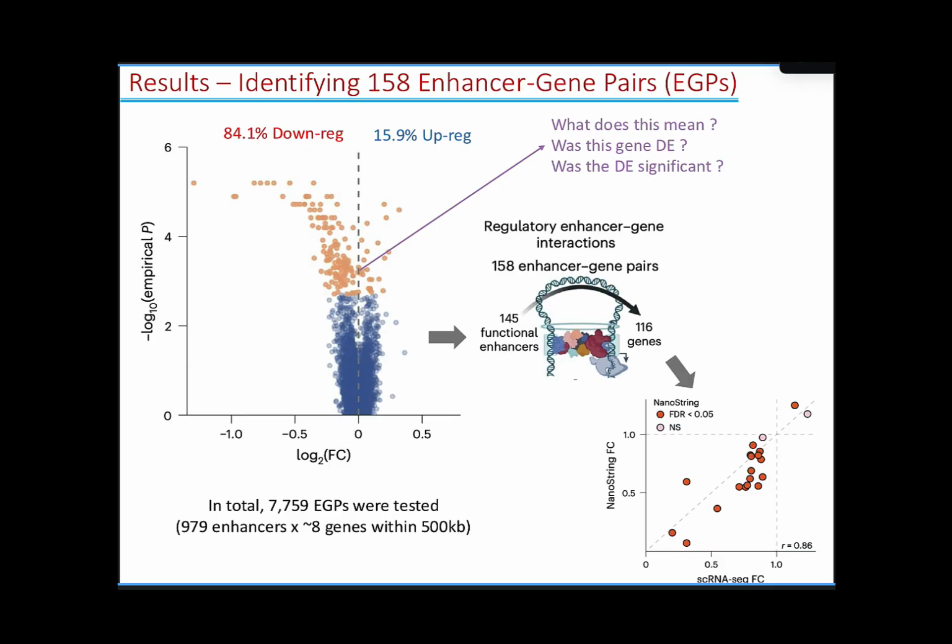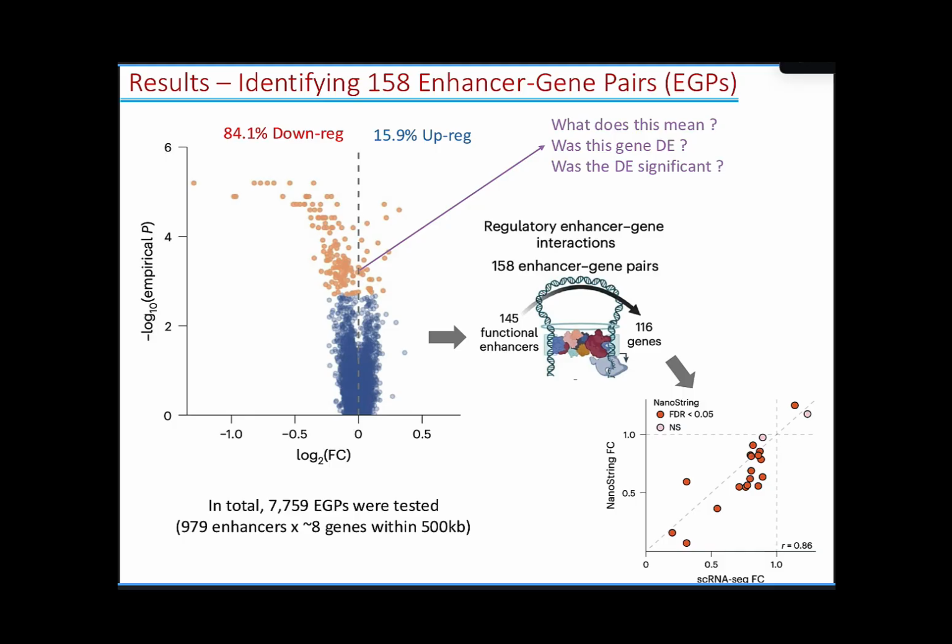And on the y-axis, you have a sense for the statistical significance of the finding. Well, 330 was the mean number of cells where a given enhancer had been inhibited. So of the 979, pick a number between 1 and 979.